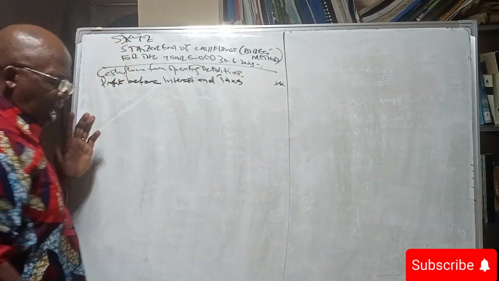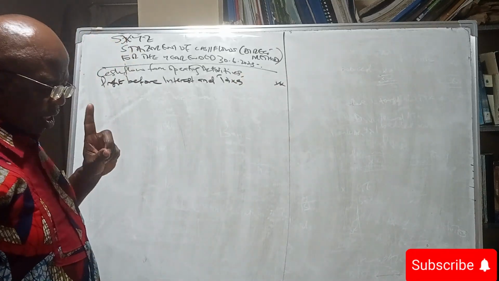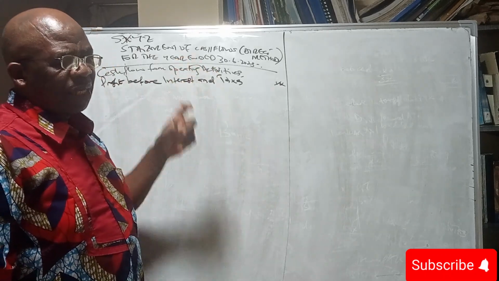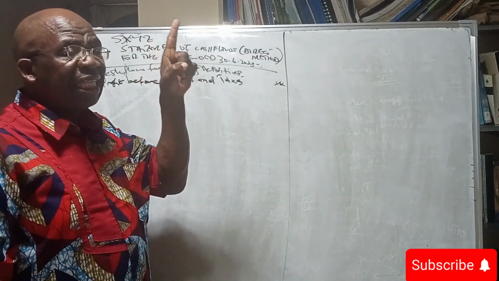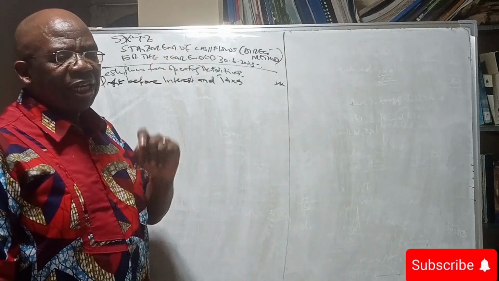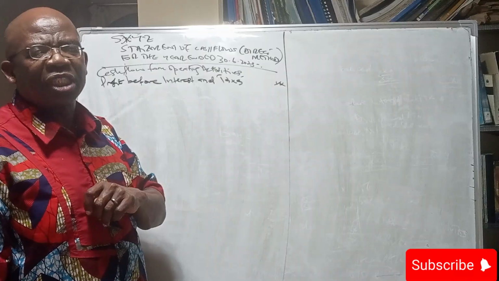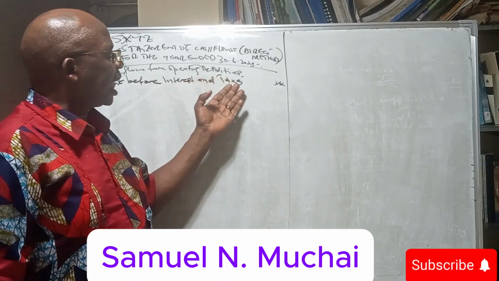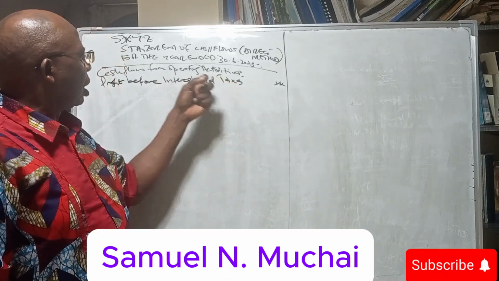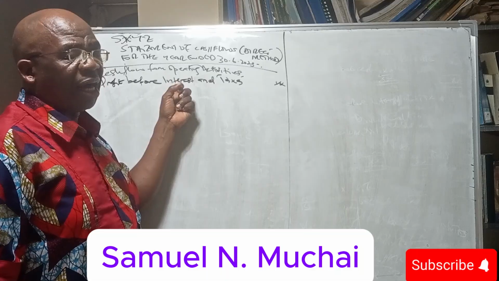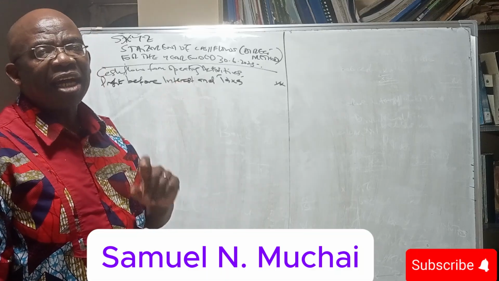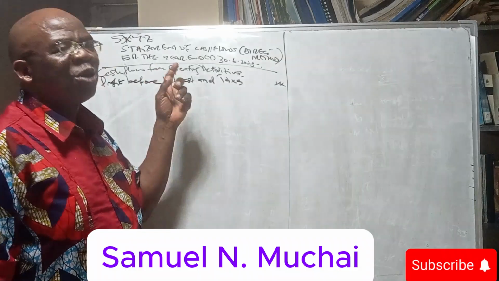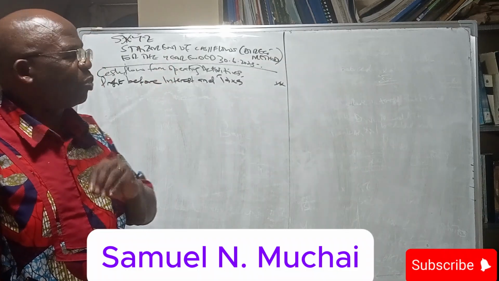Please mark this. If you are reconstructing the interest account, it means that what was deducted in the income statement is not what was charged. And that's why we are saying we want to get a profit before interest and taxes so that we do not charge what was incurred, we charge what was paid.